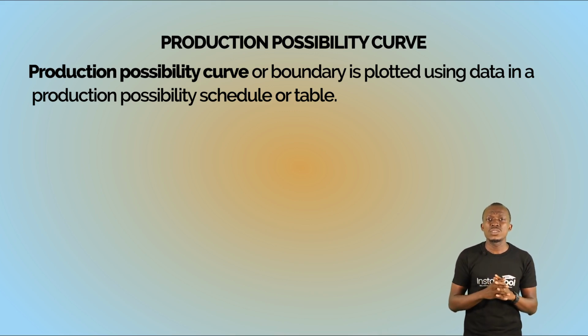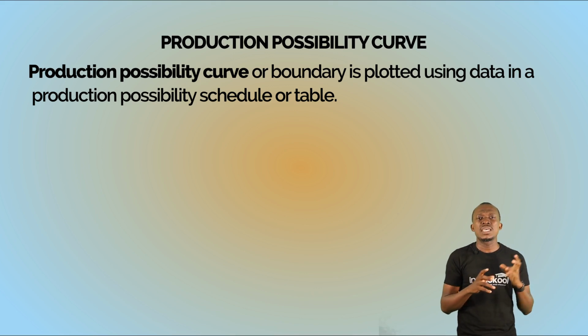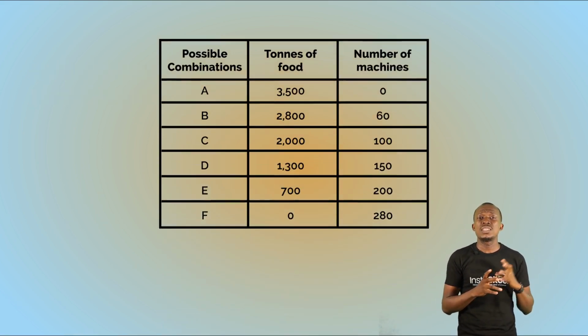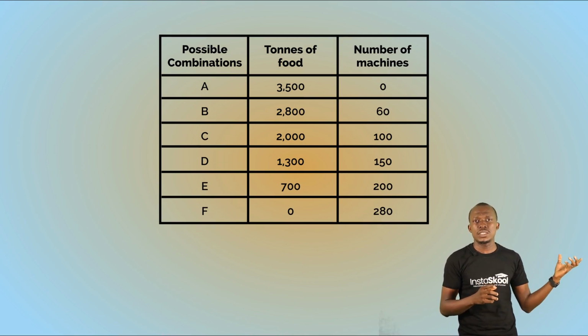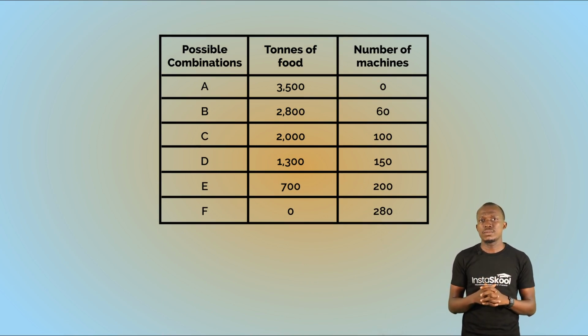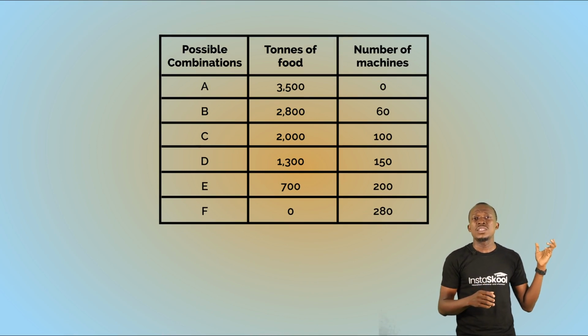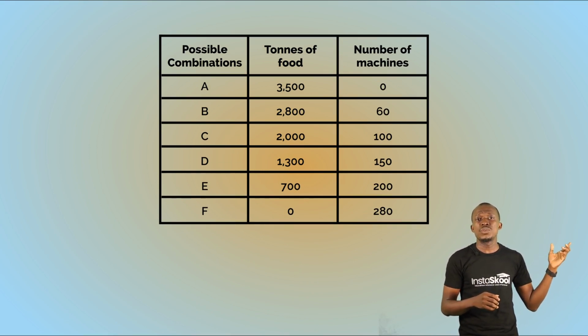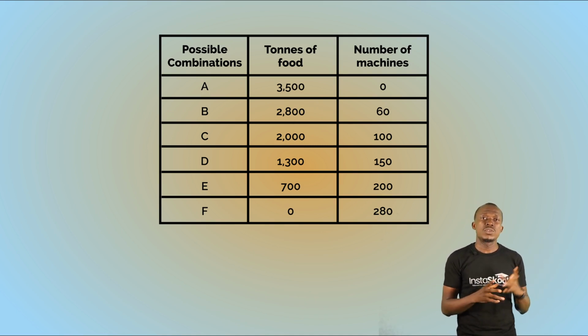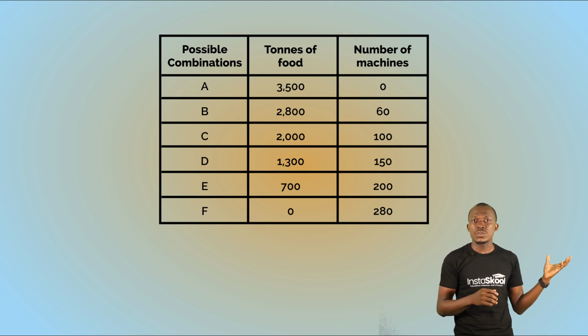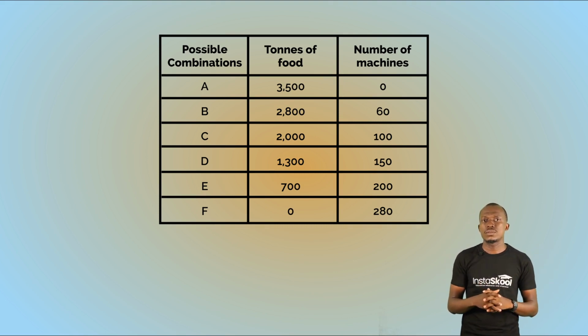Using this example, this table shows us different production combinations of food and machines in an economy. You can see the number of machines produced when they are producing 3,500 tonnage of food. You see the number of machines produced when they produce 2,800, 2,000, 1,000, and 700.